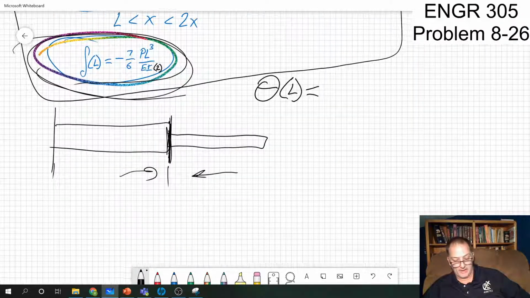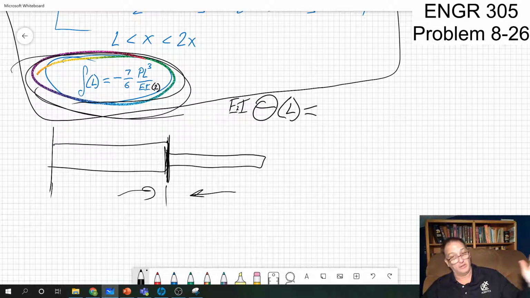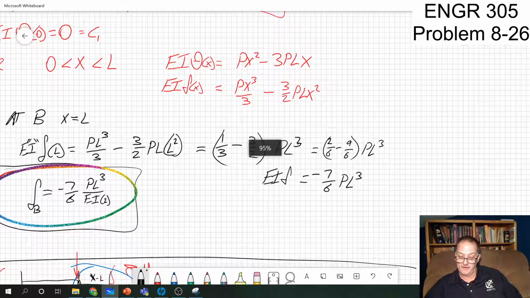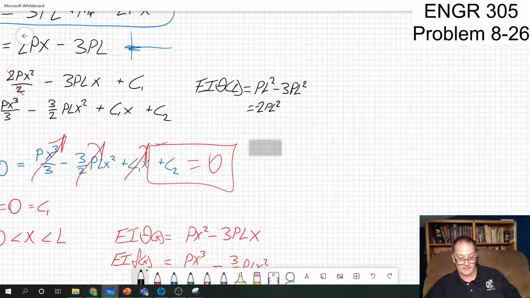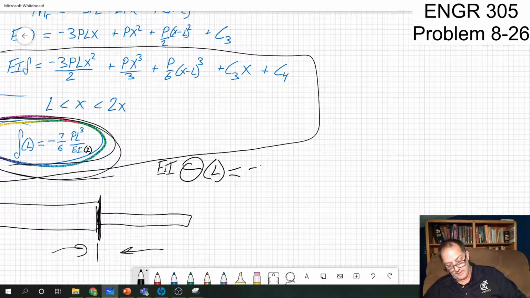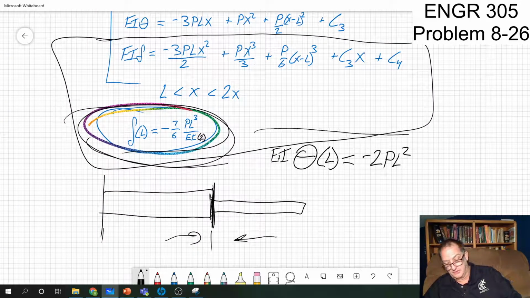So there's my other boundary condition, and that's E2I theta equals minus 2PL squared. All right, so there's your two boundary conditions.